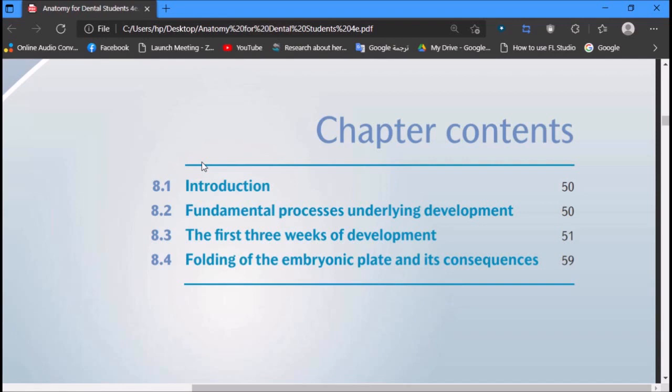Strictly, embryology is the study of the early processes of development, beginning at fertilization and following the processes that turn a single cell into a multicellular organism.